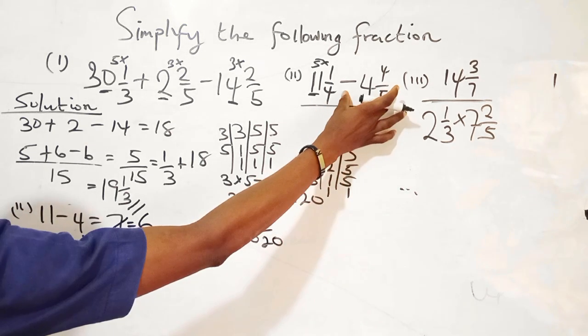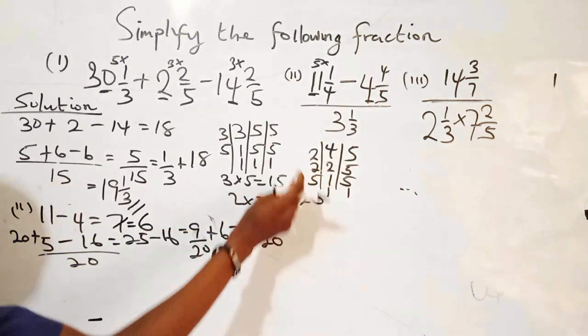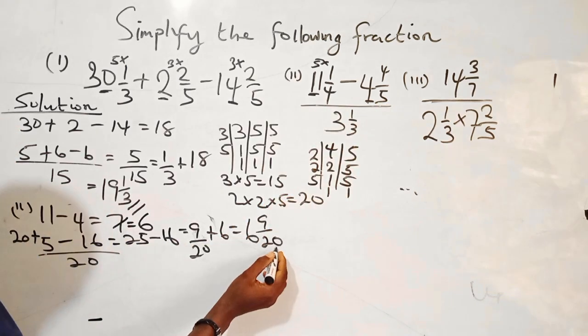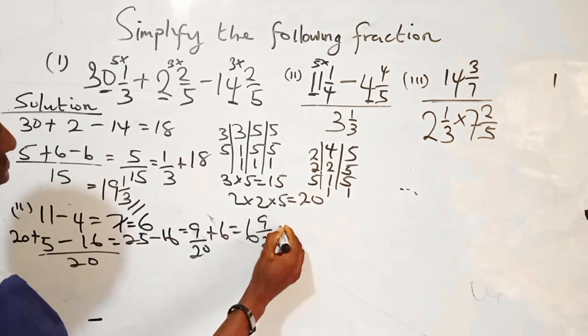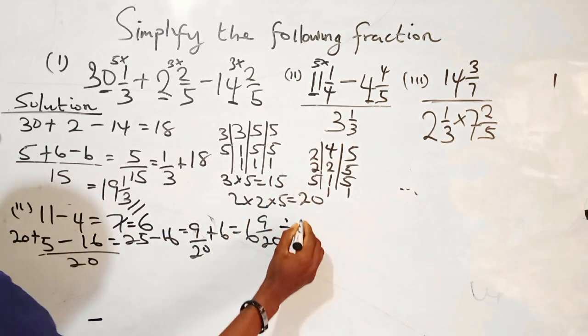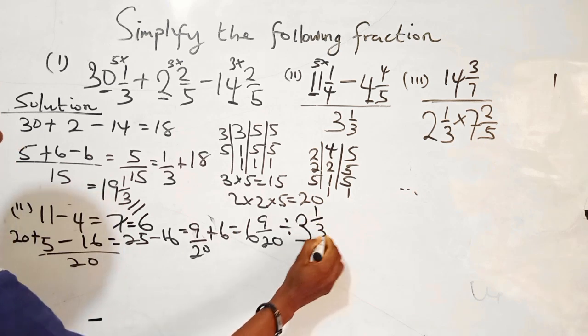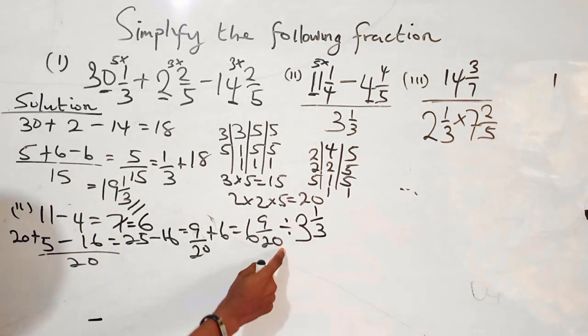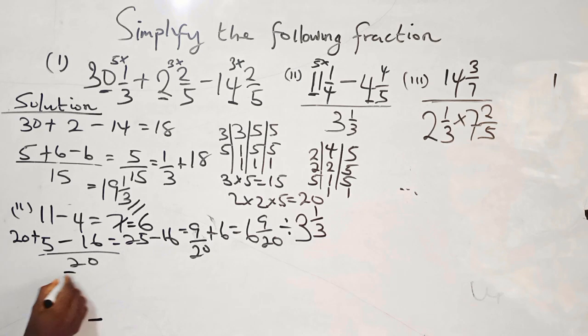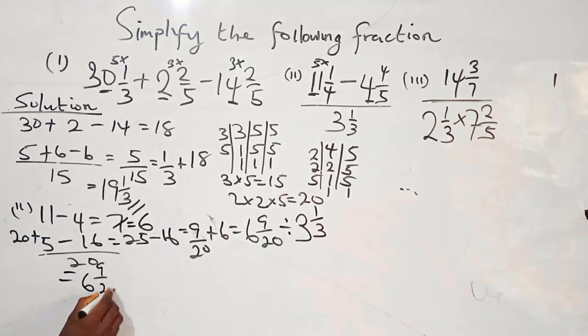So for the numerator, now, we have the division line. We can write this division line as divided by 3 whole number 1 over 3. From here, I have 6 whole number 9 over 20.